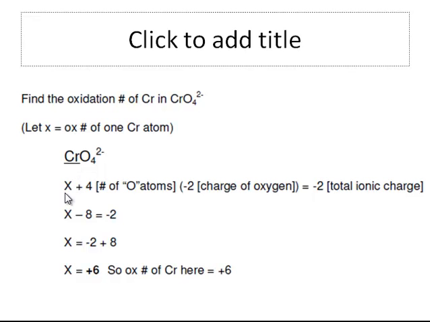So 4 times -2 is -8, and x minus 8 equals -2, so x equals 6. Cr here has a charge of positive 6.